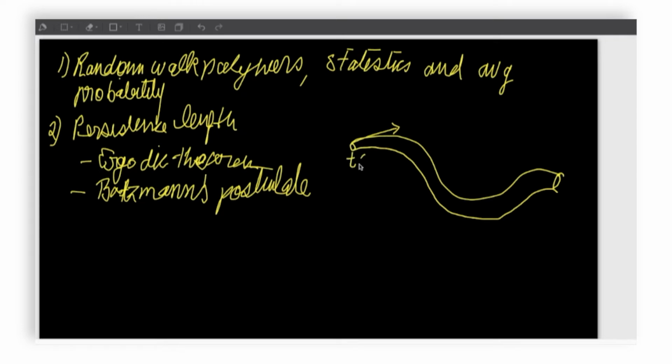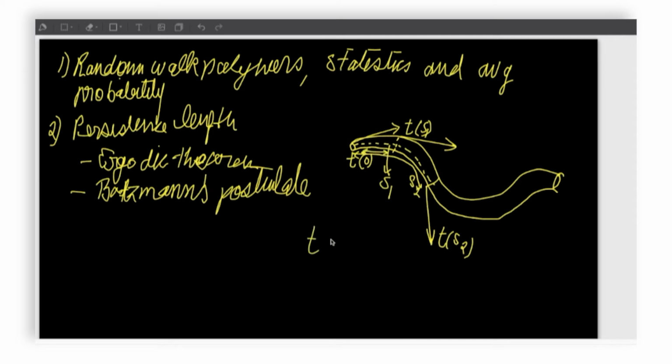So if we call this tangent t at 0, then we can call this tangent t at s, where s is nothing but the contour length between the two positions, and this can be s1, s2, and so on and so forth. Where then the contour length becomes s2, which is of course the whole length from here to here, whereas this one is just s1.